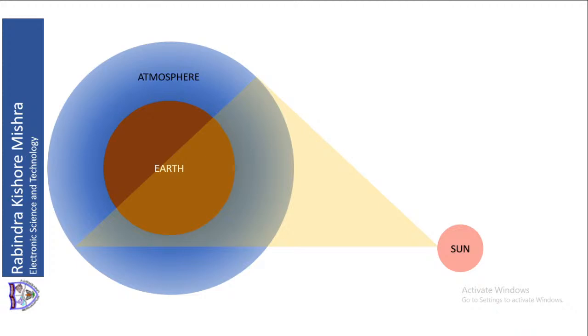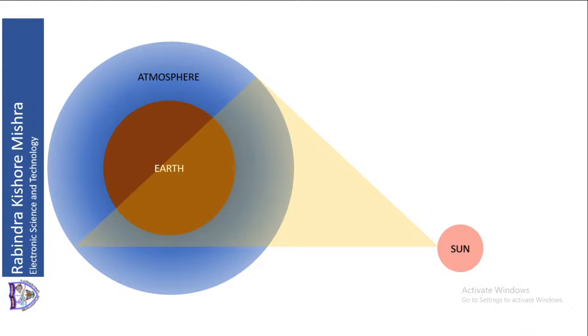At the top of the atmosphere, although there is a maximum amount of energy from the Sun, that portion has a minimum amount of gas, so completely low density, and there is not sufficient gas to be ionized. So that portion cannot be ionized properly.